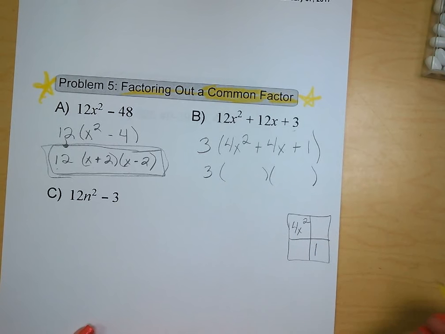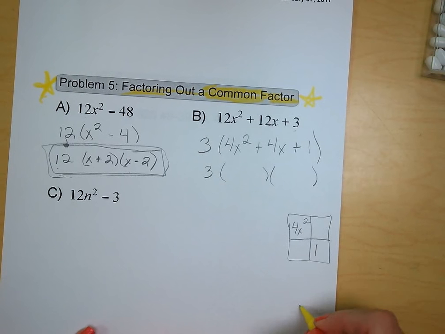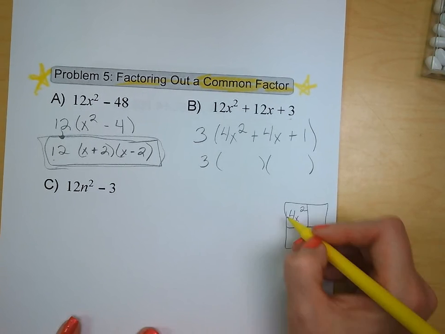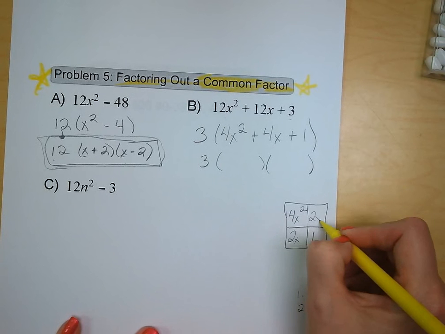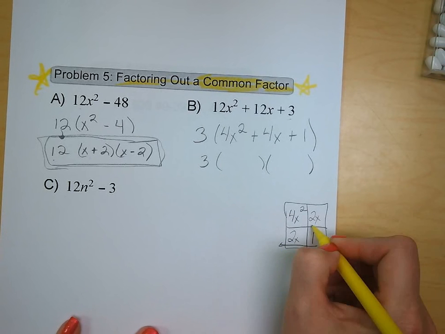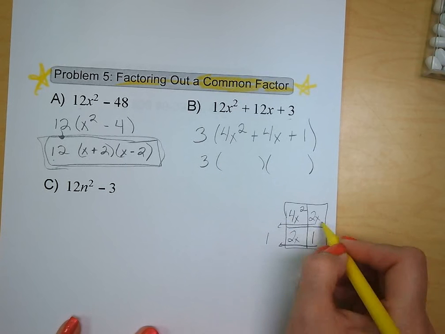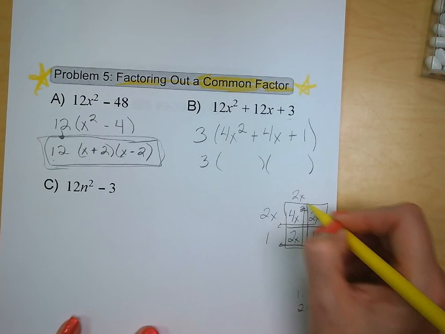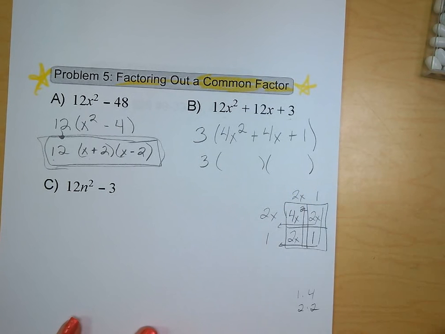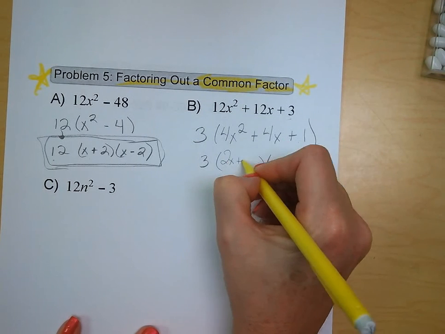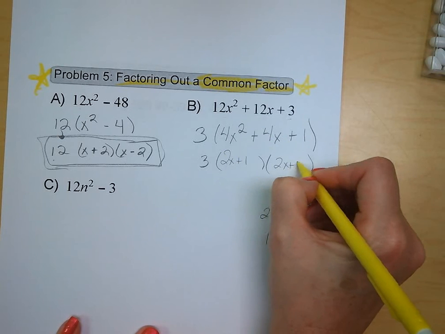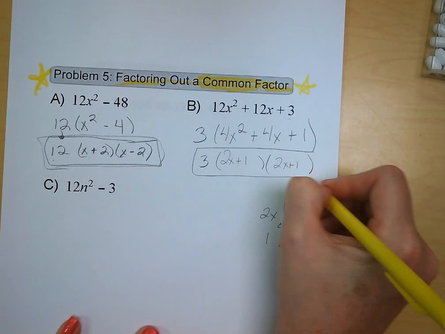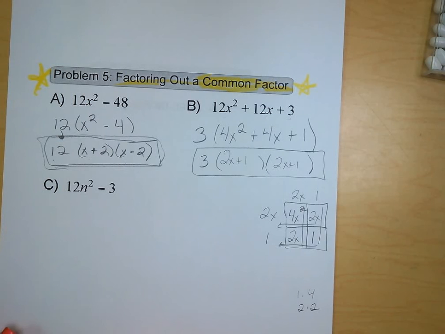Now, what factors of 4 add up to 4? Well, 1 and 4, that doesn't really work. How about 2 and 2? So we'll have a 2x in each box. Look for our common factors. In the first row, we have a 2x. In the second row, we have a 1. Hey, look, that was one of those perfect square trinomials. You didn't even have to do the box.